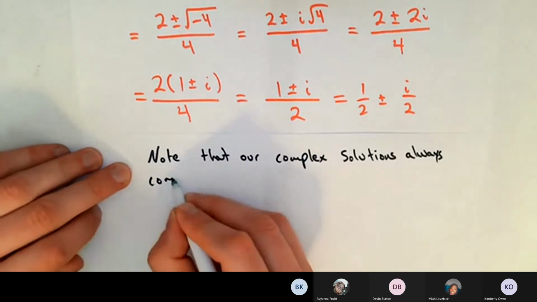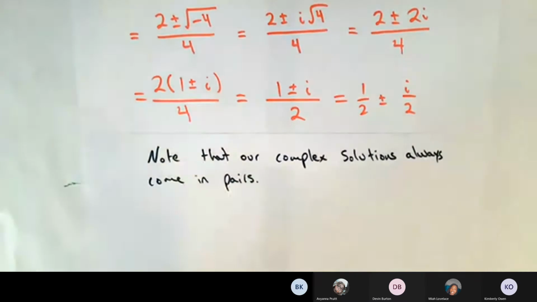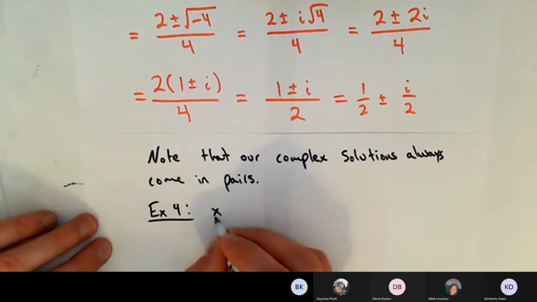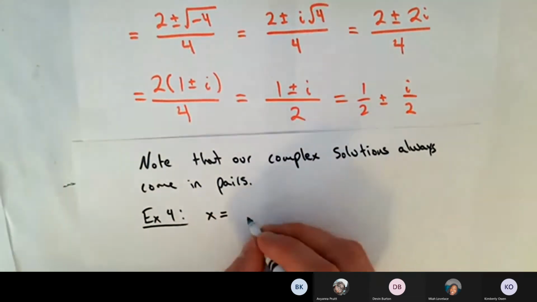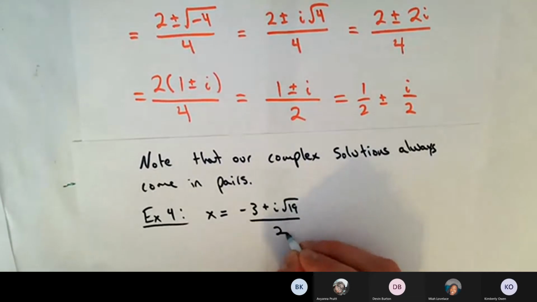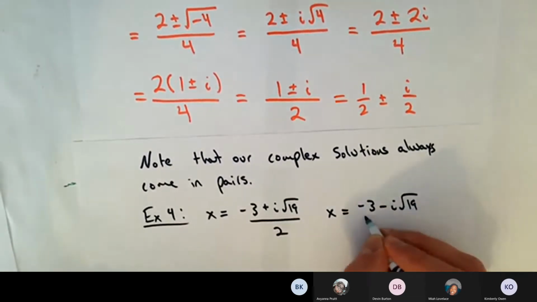They always come in pairs. What do I mean by that? Well, consider example 4, where our solutions were x equals -3 plus i square root of 19 all over 2, or x equals -3 minus i square root of 19 all over 2.